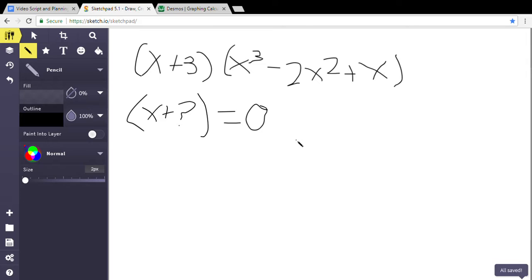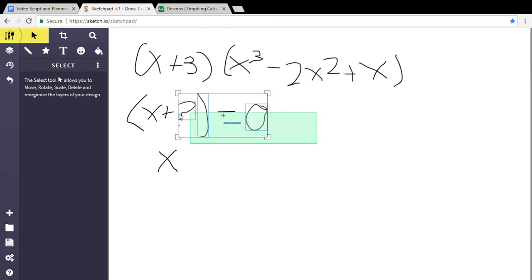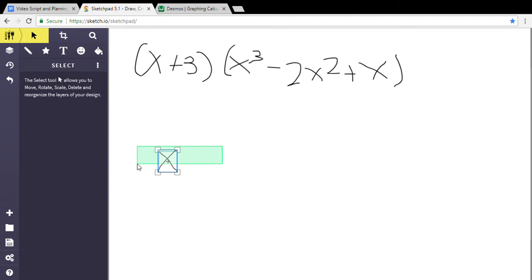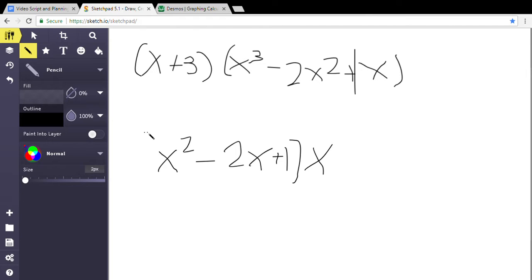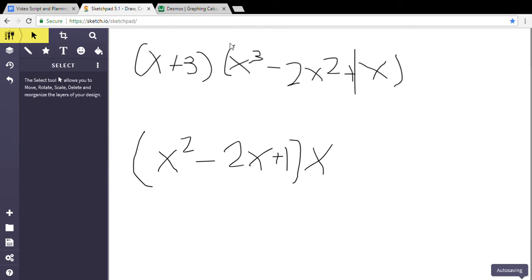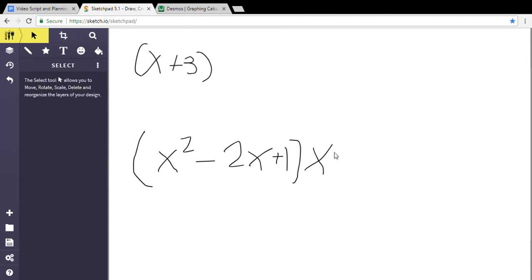And you do not need to add or subtract anything from 0 to get 0, so your factor would just be x. Now, in order to factor out an x, here you can see all of these are multiples of x, so you would just divide by x, or have x squared minus 2x plus 1 because of this 1x. And you have that times x. That is your next step in factoring this particular equation.